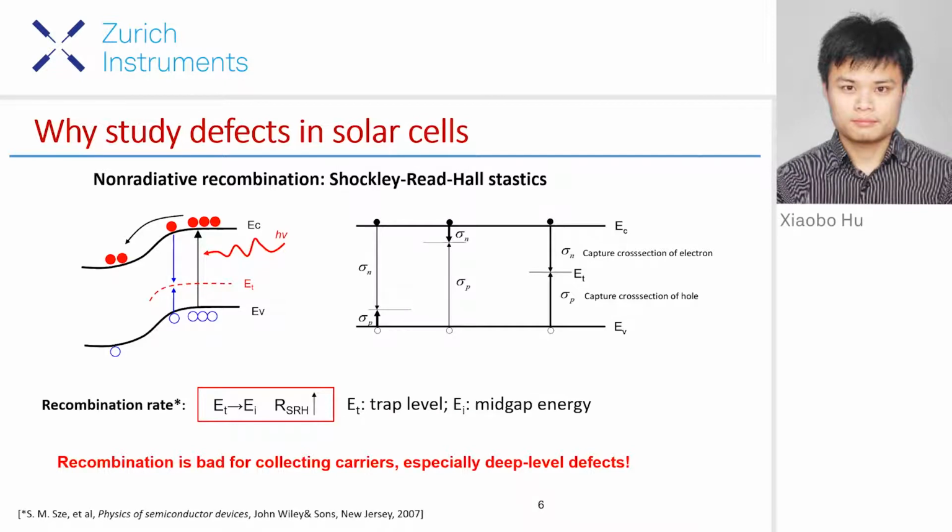Defects in the forbidden gap of semiconductors usually act as recombination centers, which may be bad for the collection of photo-generated carriers, especially deep level defects, which are close to the mid-gap energy level. The recombination rates will become very high. So the detection and characterization of the properties of defects in the solar cells is very important.